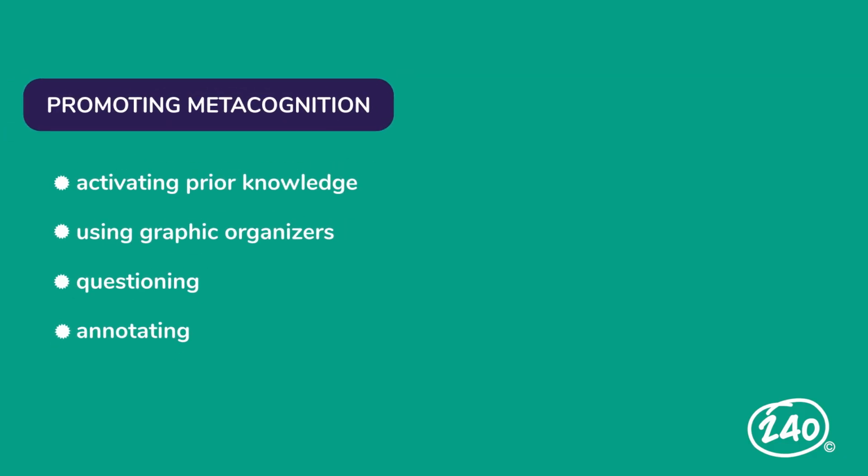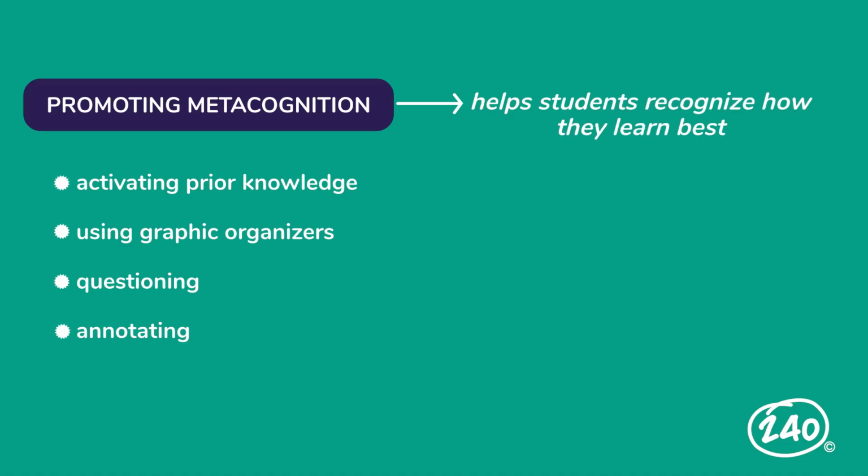There are several different strategies teachers can use to facilitate metacognition, such as activating prior knowledge, using graphic organizers, questioning, and annotating. But the most important thing to know about metacognition is that it helps students recognize how they learn best.